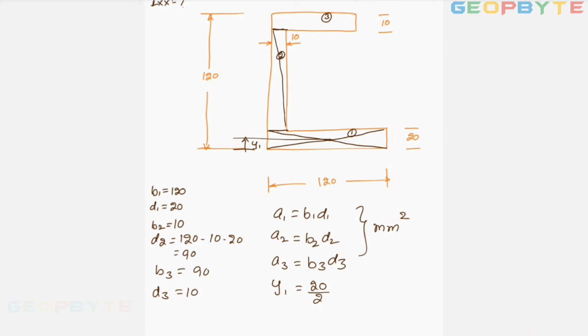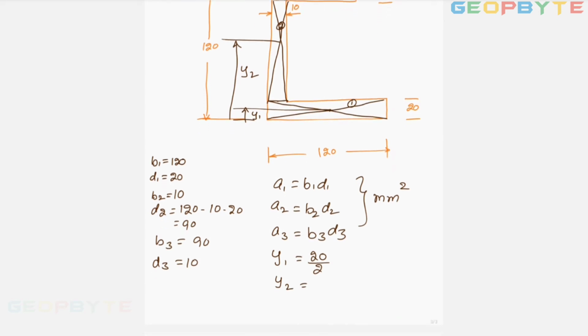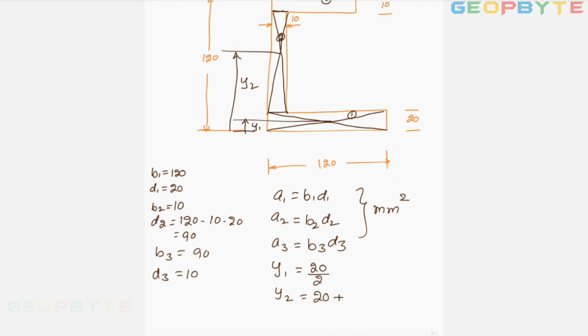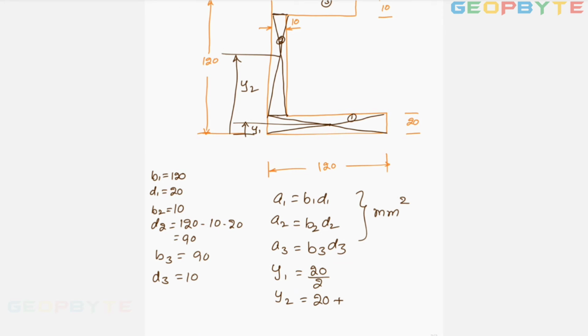Similarly, join the diagonals for section 2. Wherever the diagonals are meeting, that is the centroid for section 2. This is the y2. Tell me what is the y2? y2 equal to 20 plus that remaining part, 120 minus 20 minus 10, that is 90 by 2.